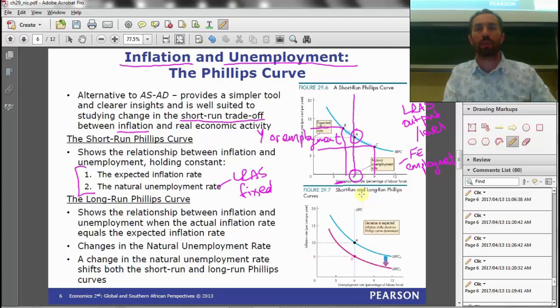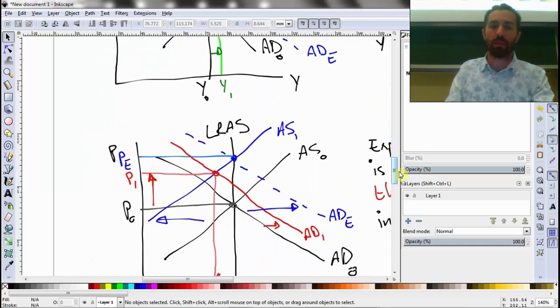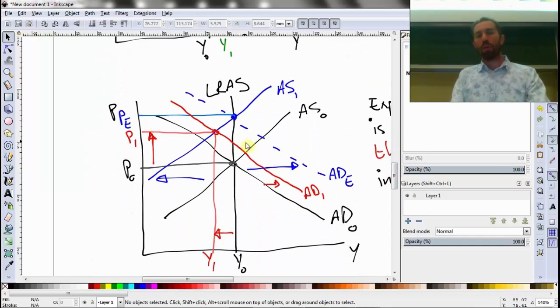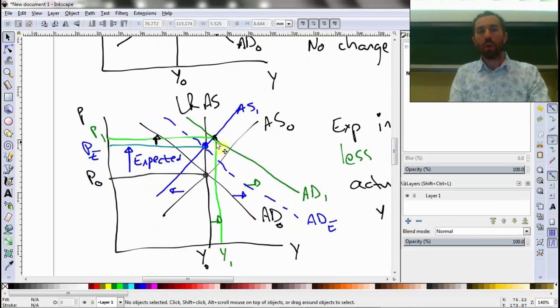So what that's saying then is, if we move momentarily, say, to point B or to point C, what happens? Well, let's go back to our AS-AD diagram, and let's deal with this one. We had a shift in aggregate demand that was greater than the shift in aggregate supply.